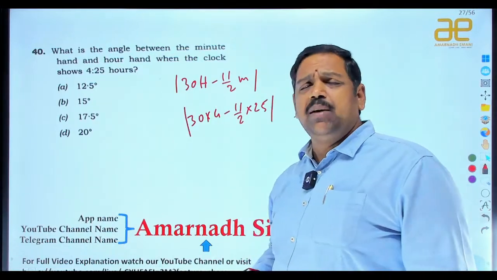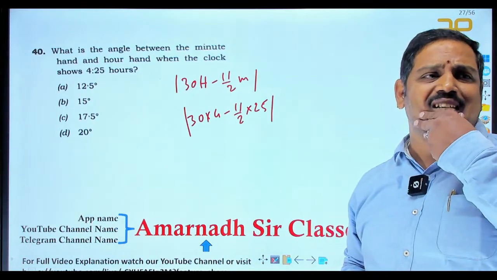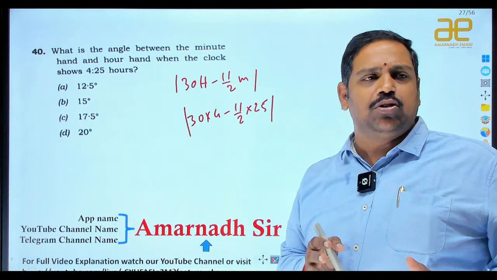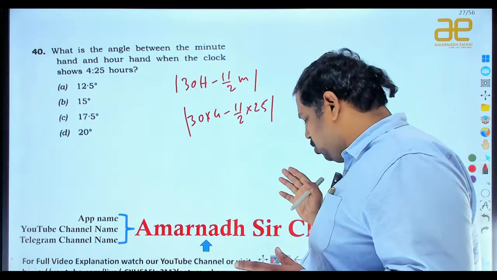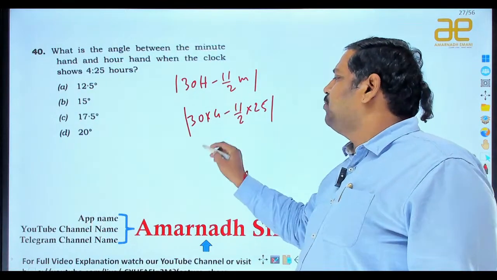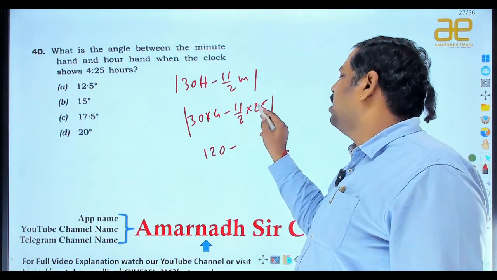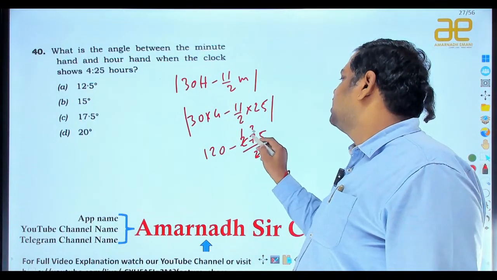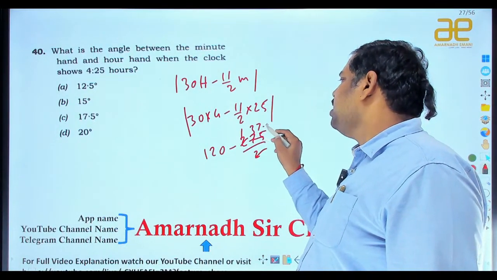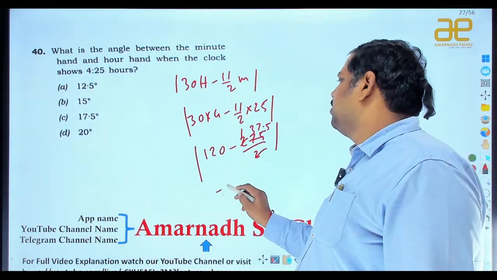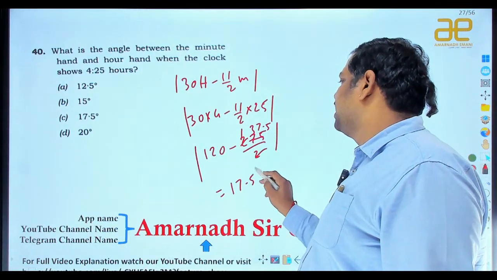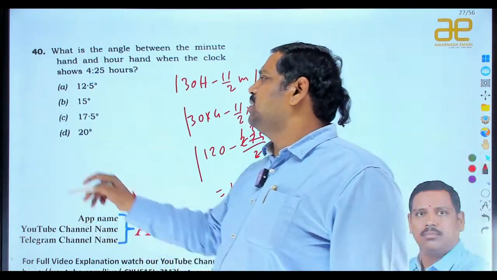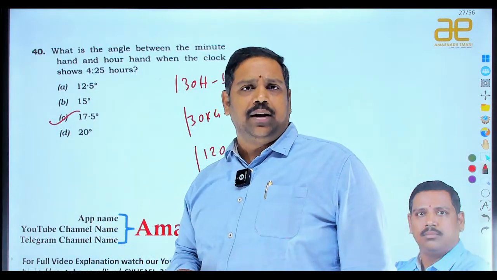The most funny part that we can notice in this examination, in the past 6 years almost, is that such easy questions you nowhere find, right? 30 fours are 120, minus 11 twenty-fives are 275 by 2, which is 137.5. The difference is 17.5 degrees with the negative sign. Modulus means it will become positive. So which option is the answer? C is the answer. Okay, right.